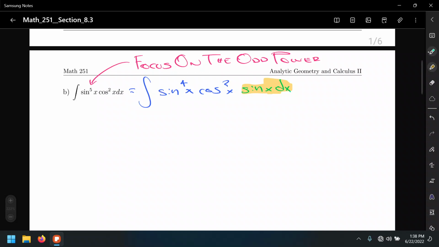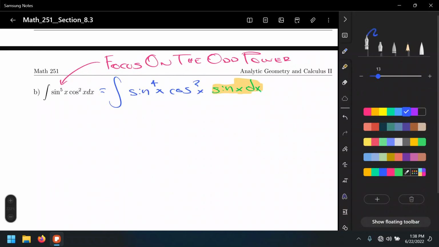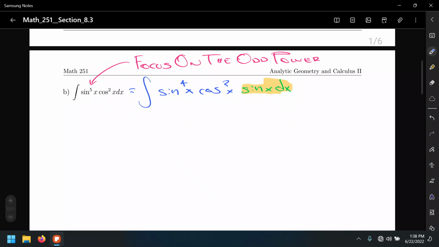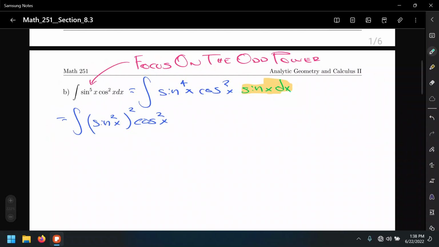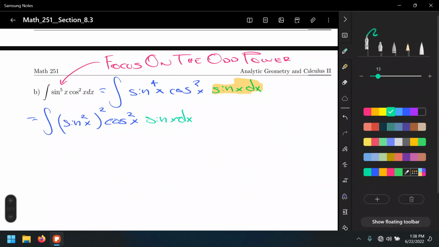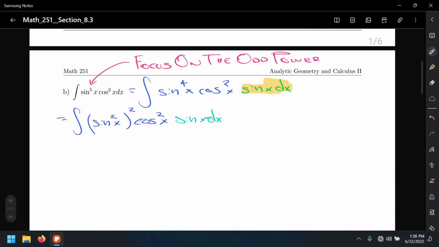All right. So let's see. To do that, I'm going to rewrite this sine to the 4th as sine squared to the second power. And then from here, we will replace this sine squared using the Pythagorean identity.